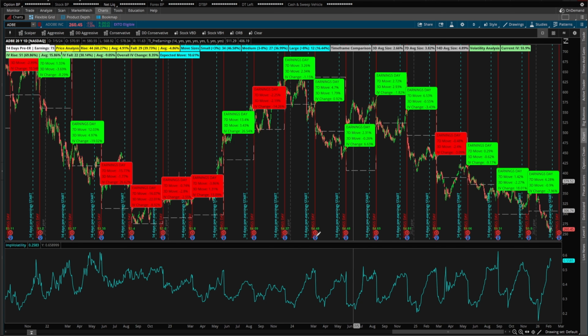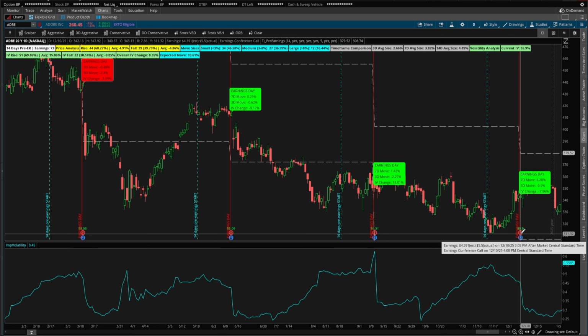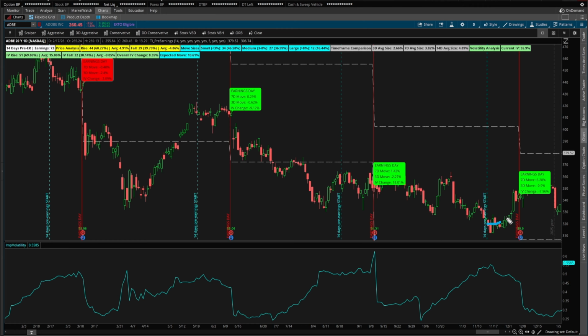And if you dig a little bit deeper into some of our more recent earnings, so let's use this as an earnings example here, the earnings from December of 2025. What you should notice is as price action rose into earnings, implied volatility actually fell into earnings here. Take a look at what happened before that earnings period.